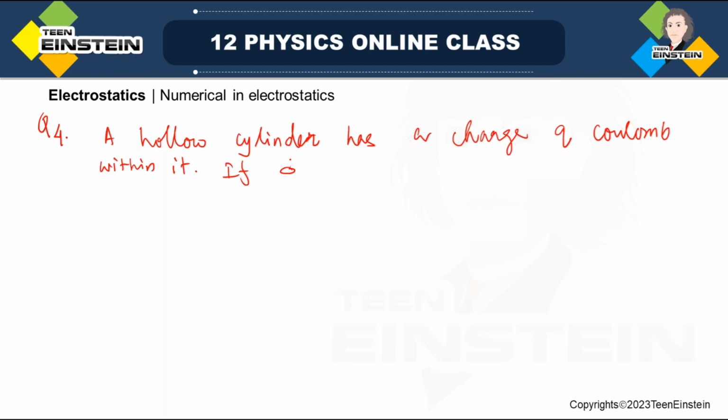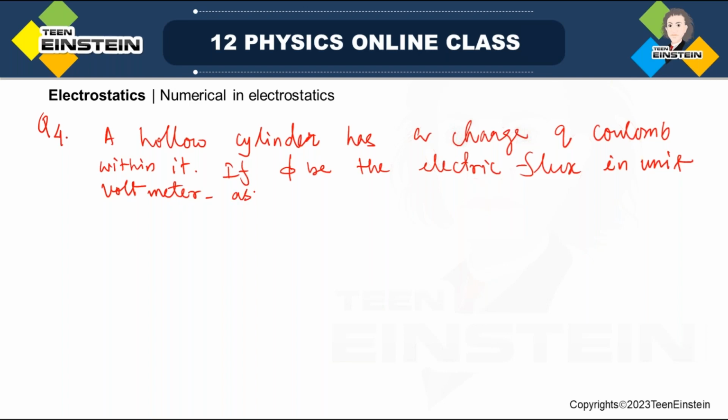If phi is the electric flux, in unit volt meter, associated with the curved surface B. I'll just draw the figure.